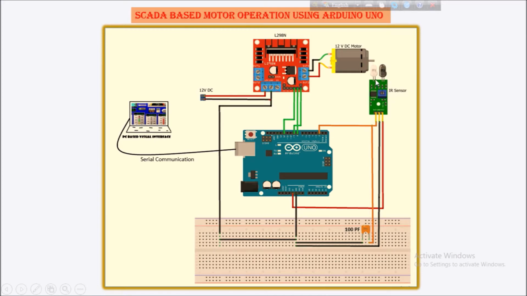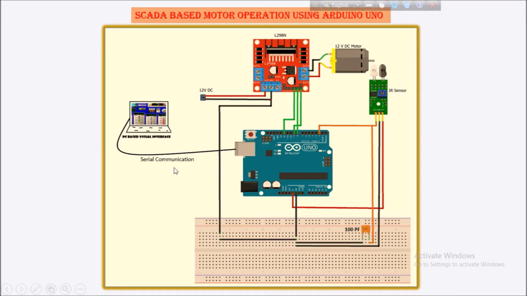This sensor senses the speed of the motor and gives a pulse output to Arduino pin number 2. A 100 picofarad capacitor is connected in parallel with the sensor output to stabilize the output of the sensor.